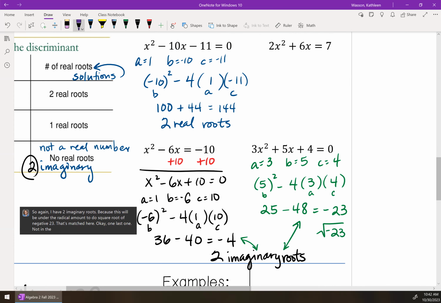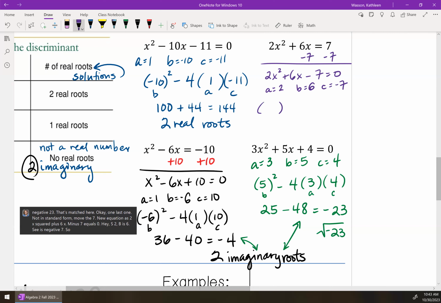Not in standard form. Move the 7. New equation is 2x squared plus 6x minus 7 equals 0. A is 2. B is 6. C is -7. So I'll have B squared minus 4AC, 6 squared minus 4 times 2 times -7.